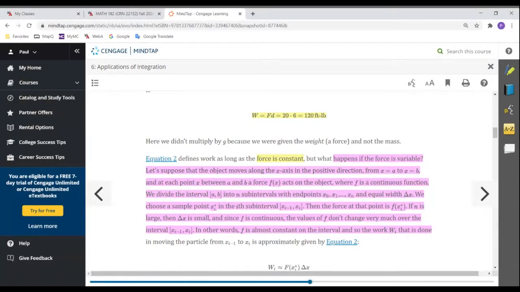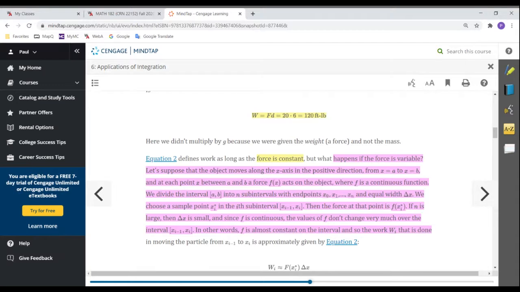Let's suppose that an object moves along the x-axis in the positive direction from x equals a to b. And at each point between a and b, there's a force that acts on the object. But the force, f of x, is a function of x. It's a function of where the object is between a and b.